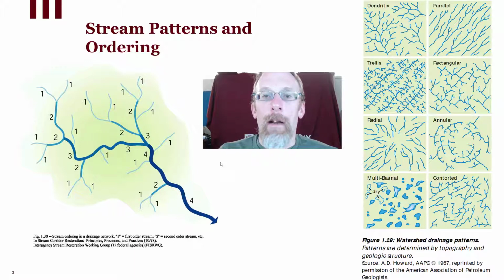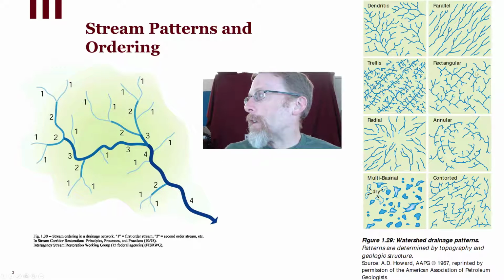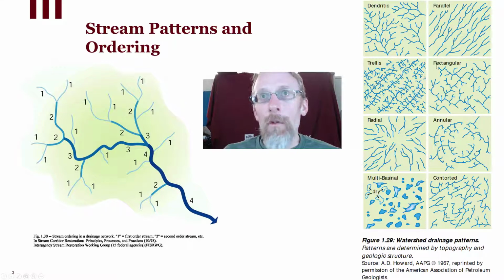How can we think about streams? Well, at a watershed scale, every drainage has its own pattern. So if we look over here on the right side of your screen, in the upper left diagram, it says dendritic.